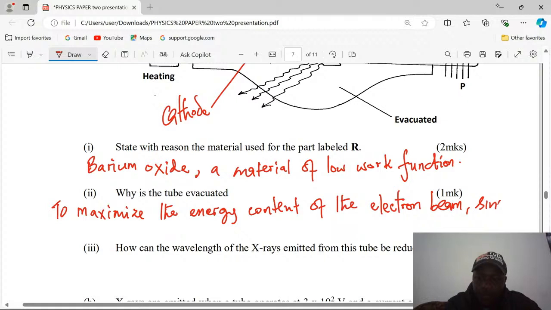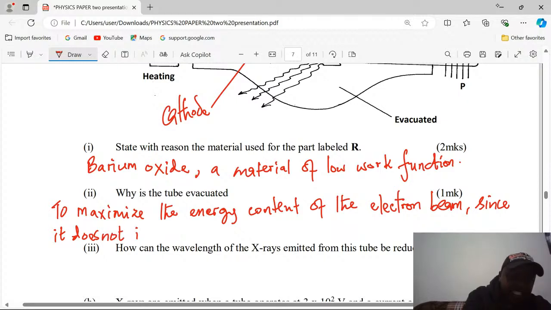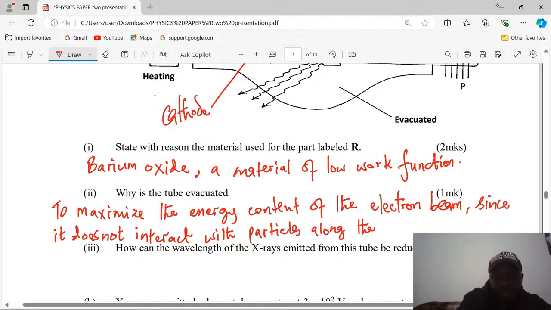Energy content of the electron beam, since it does not interact with particles along the path.